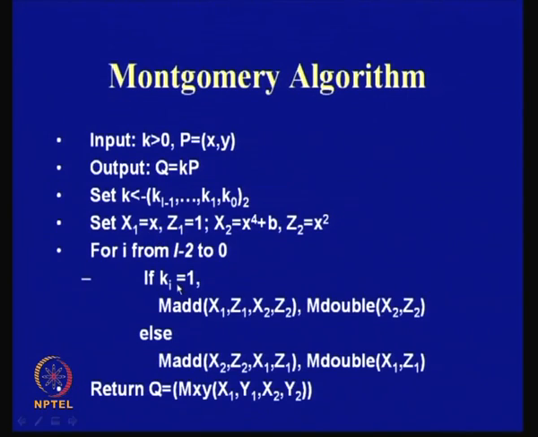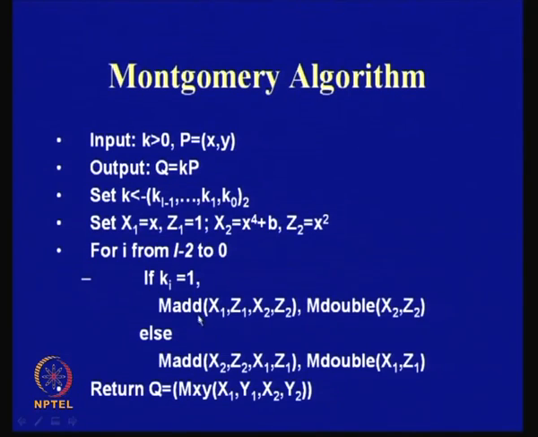Now, if ki is equal to 1, you are doing in projective coordinates the addition operation in x1 z1, and you are doing the doubling in x2 z2. You see that you are not actually working on the y2 point. Why? Because Montgomery's technique does not need me to work on the y coordinate, it needs only the x coordinate.